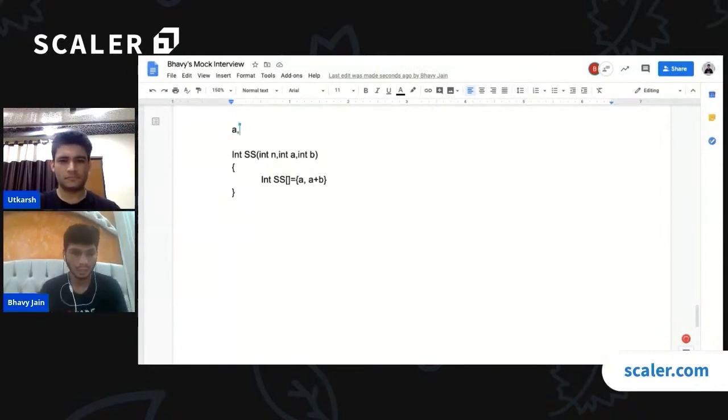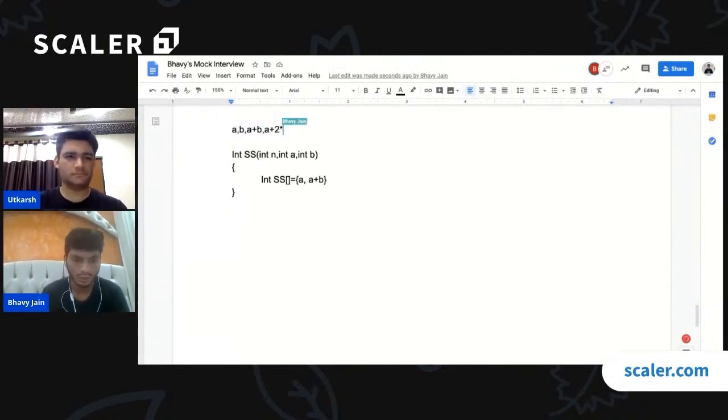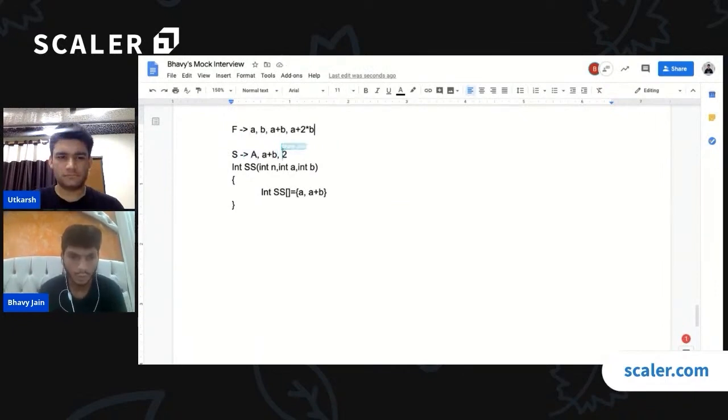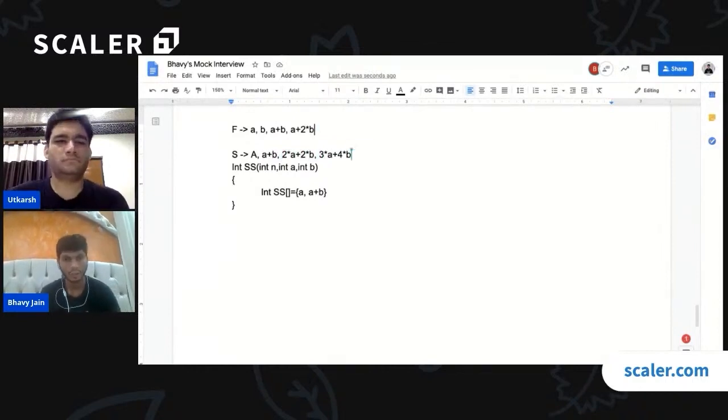So F will be A, B, A plus B, and A plus 2B. And S will be A, B, A plus B, 2A plus 2B, and then 3A plus 4B, because to 2A plus 2B we are adding A plus 2B, so 3A plus 4B.